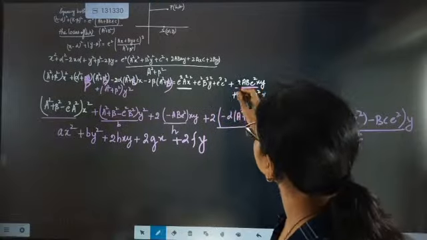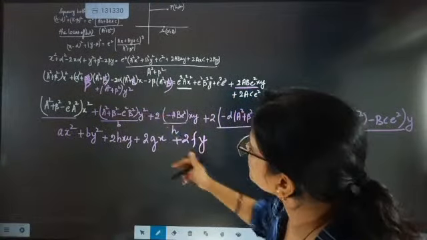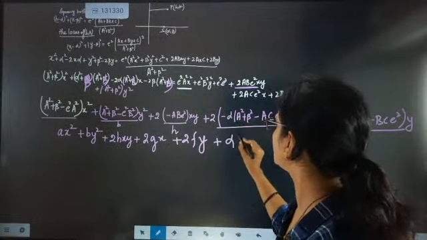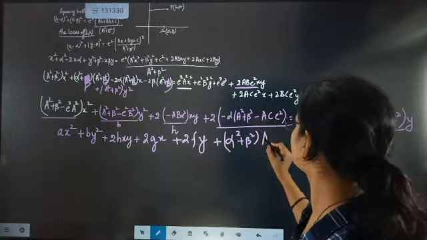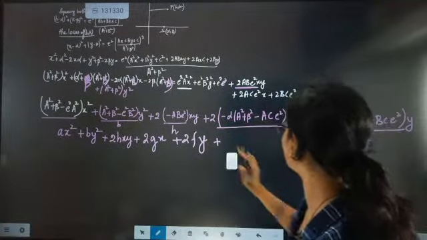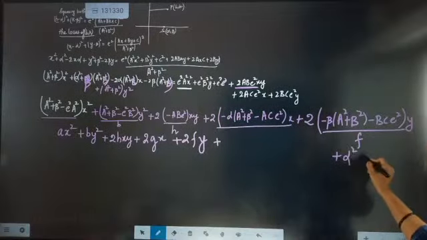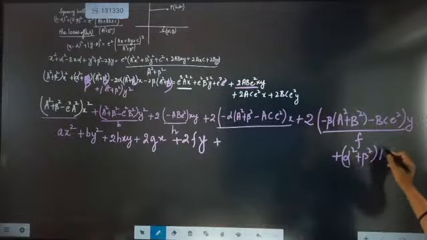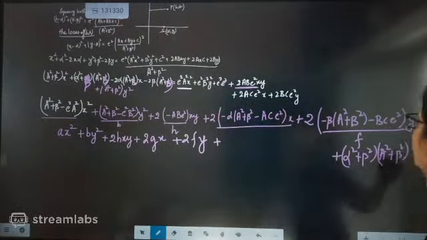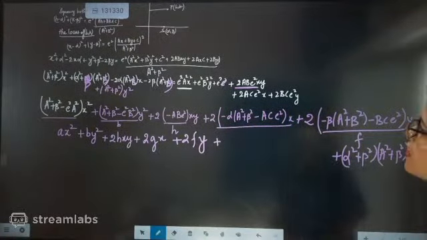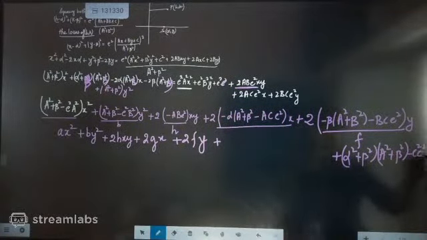Here constant section is e square c square, will shift that side, that is alpha square plus beta square into a square plus b square, here only, plus alpha square plus beta square, a square plus b square multiple, and that part is coming as minus e square c square, capital C square.